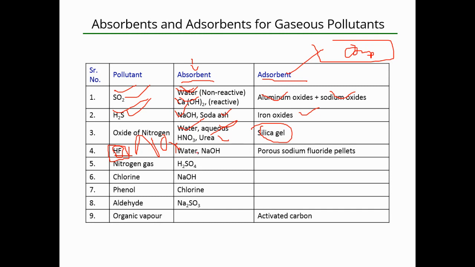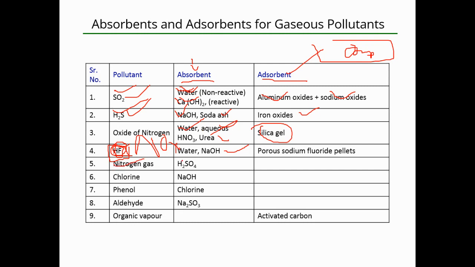So here water and NaOH are used to neutralize or to collect and remove the HF. This HF is not released in all cases or all industries. Some industries release HF, that includes aluminum smelters. In an aluminum smelter the HF is released, not in a steel plant.